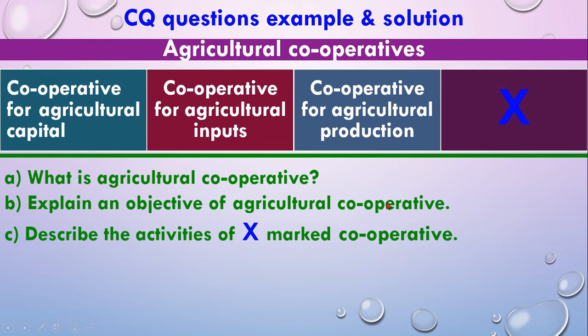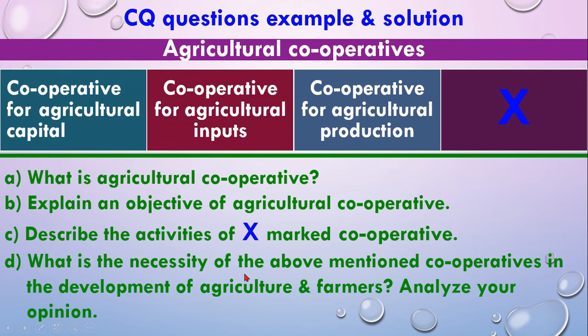Describe the activities of cross-market cooperation. That will be the cooperative for marketing of agricultural products, because I showed you before as well, and you can get page number 229, the types of agriculture cooperative, where you can find these three, but you cannot find this one, which is the last one, the agriculture products. So you have to explain that one.